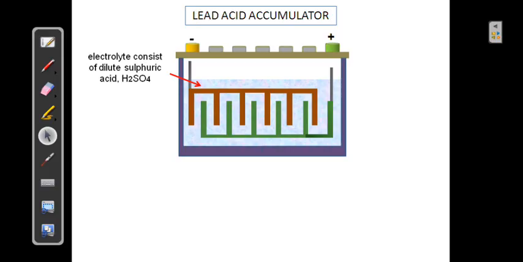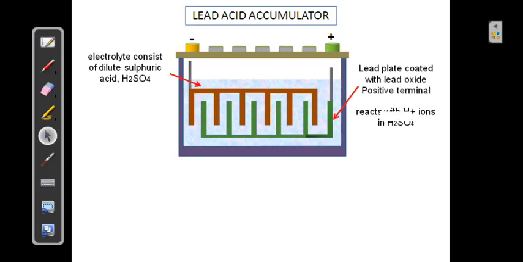So the electrolyte used is the dilute sulfuric acid, H2SO4, and we use the lead plate coated with lead oxide as the positive terminal, and they will react with the H plus ions in the H2SO4.